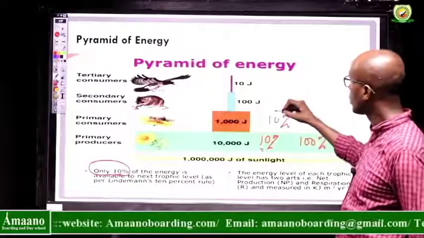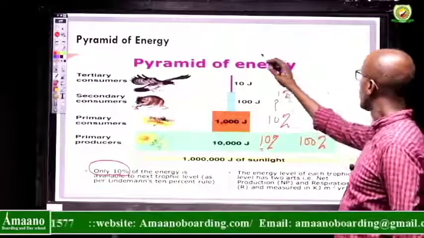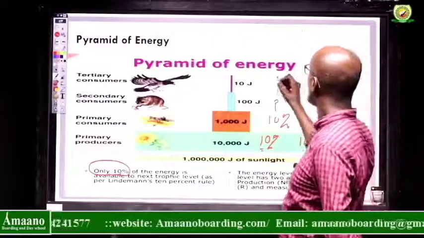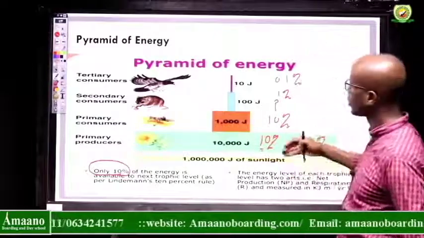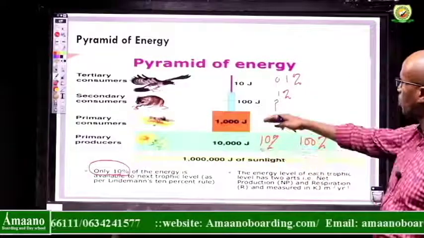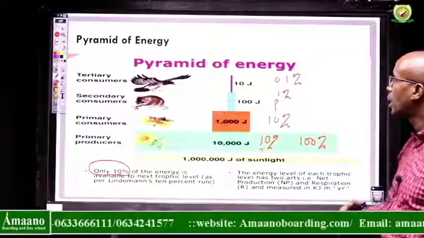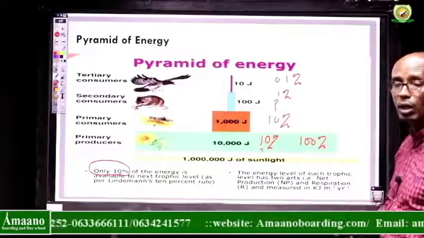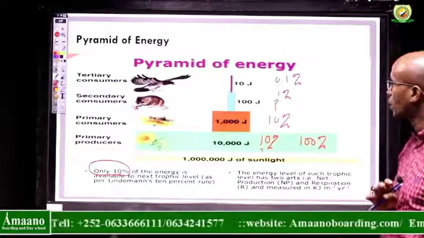So the next organism will get only 1%. If you just continue like this, it is going to be 0.1%. You see, the energy decreases as you go from the bottom to the top. So please keep in mind, in every food chain, the producers have the most energy.